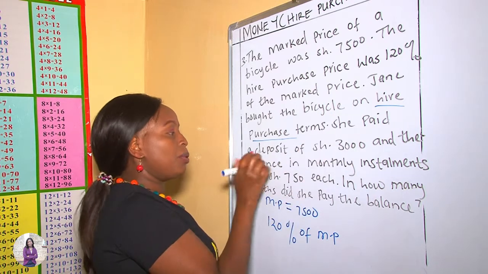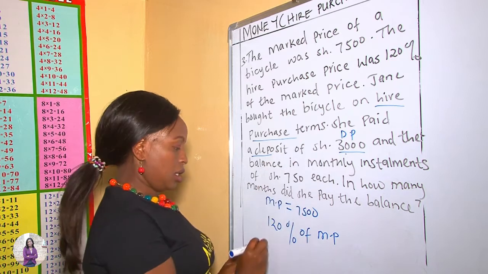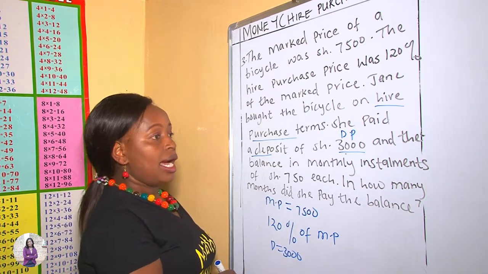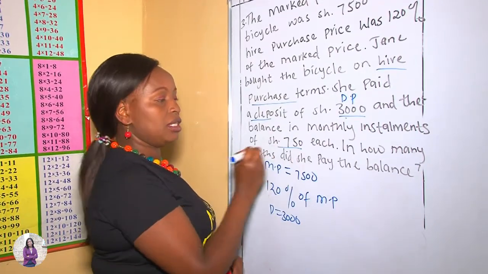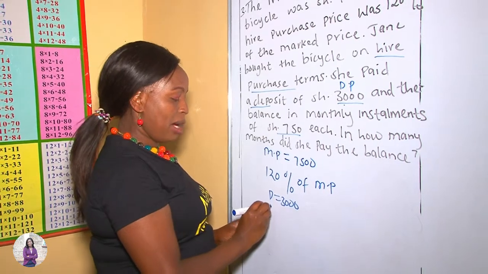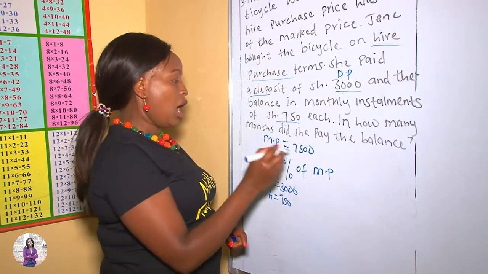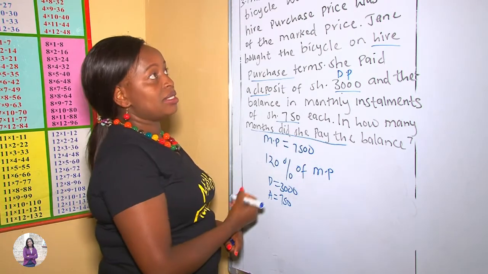She paid a deposit of 3,000. So this is our deposit. The deposit is 3,000. And the balance in monthly installments of 750. The installments, the amount we are given, are 750 each. In how many months did she pay the balance?